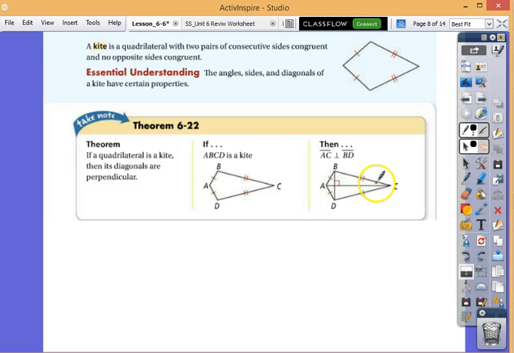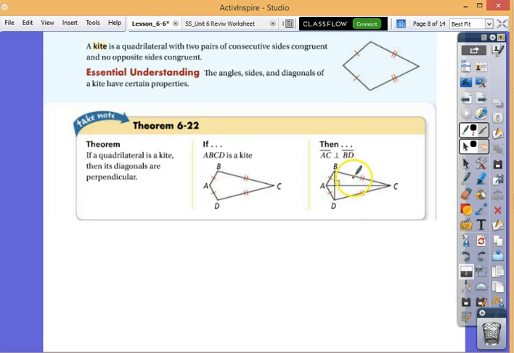And the longer diagonal bisects the angles it touches. So that longer diagonal is like a super bisector. Everything it touches, it bisects. Which makes these two bigger right triangles congruent and these two smaller right triangles congruent by hypotenuse leg.